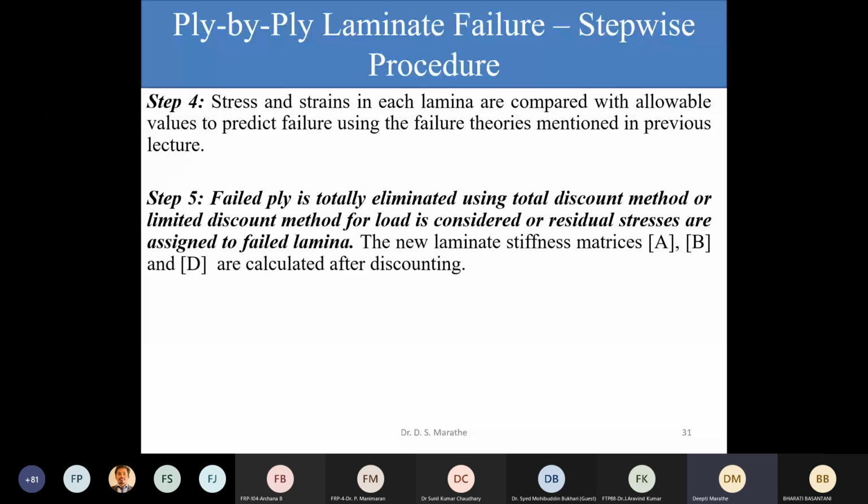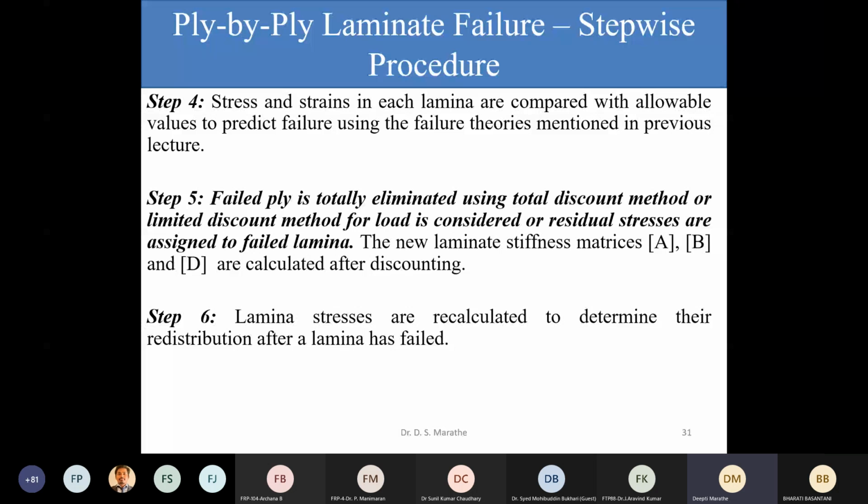So we should consider that this particular lamina can no longer bear any stress, and taking that into consideration, the new stiffnesses have to be recalculated. So the new ABD matrix has to be recalculated. Now the lamina stresses are recalculated to determine their redistribution after this lamina has failed.